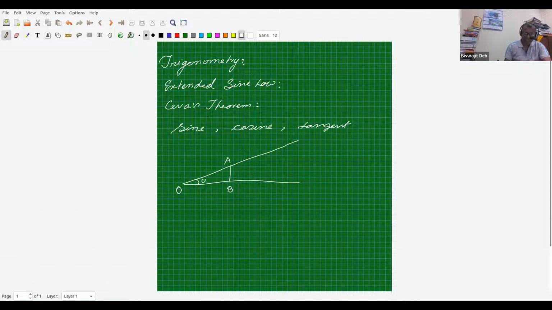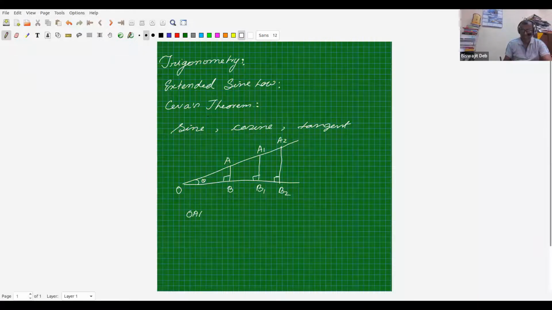I call this angle theta, and I'm taking this angle to be 90 degrees. I consider one more set, A1, B1, and one more, A2 and B2, and take these angles as 90 degrees again.